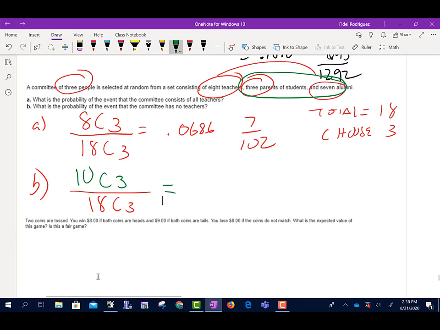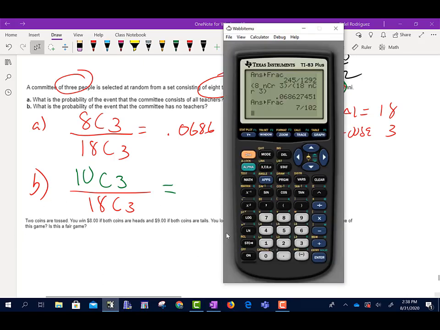So again, I'll do it on the calculator exactly the way I did before. 10 choose 3 divided by 18 choose 3 as well.